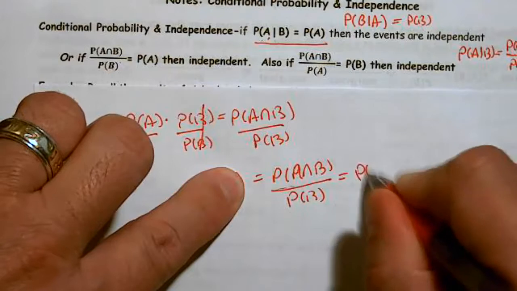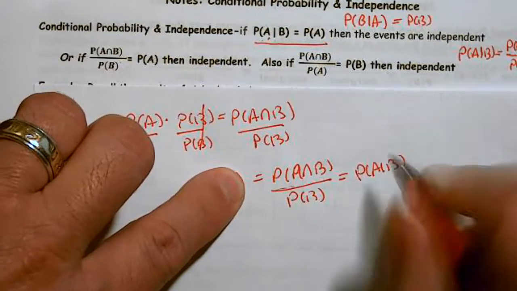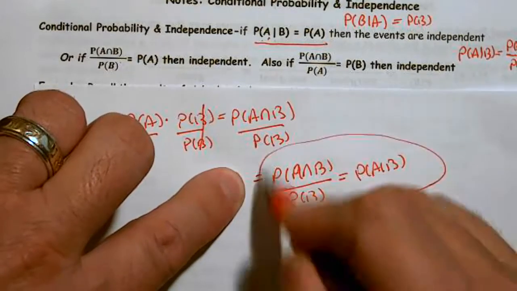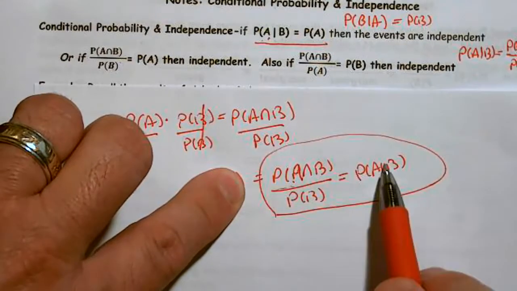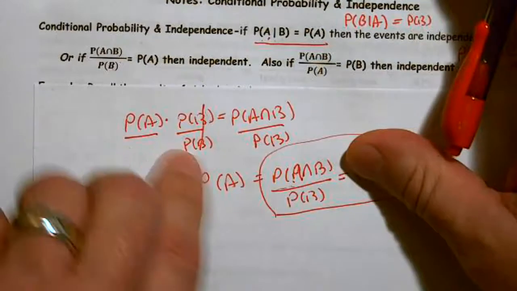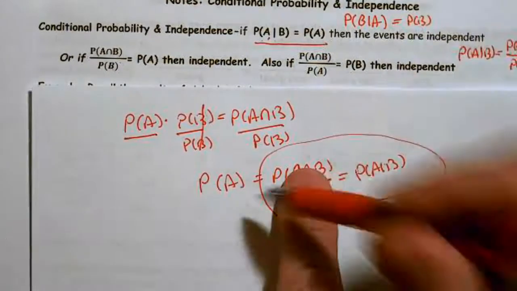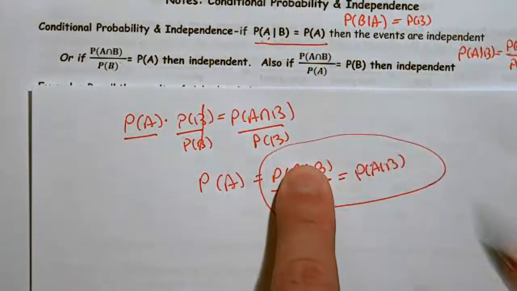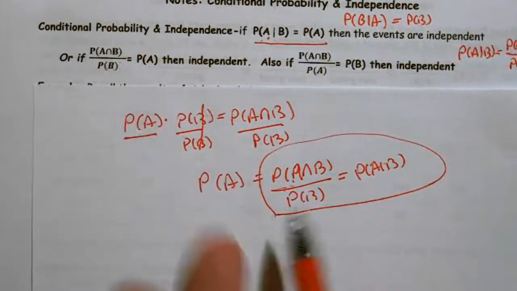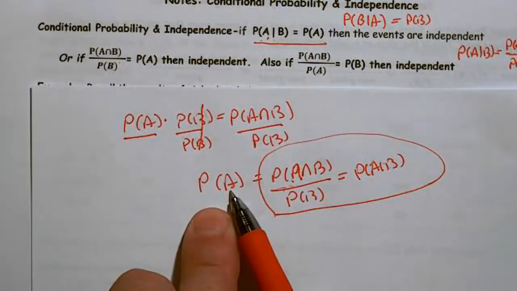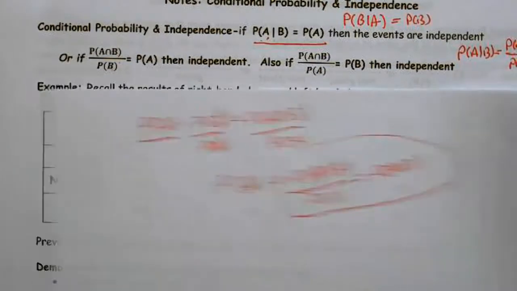This part right here is always true. Because this is always true, if this equals this, then this must also equal this. But it's only the case if they're independent. This part that's circled, always true. This part out here, only if independent, okay?